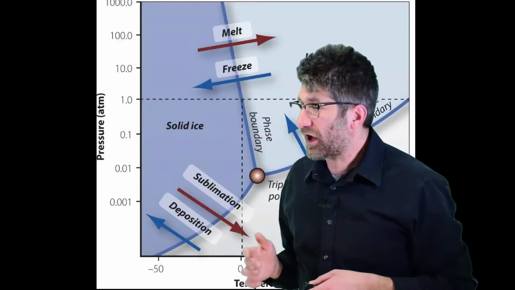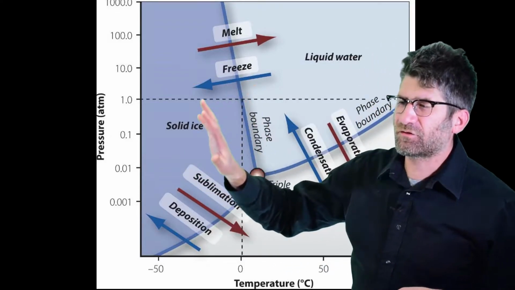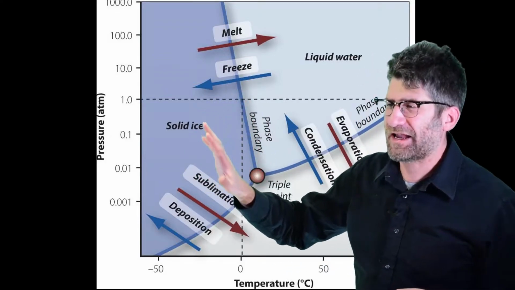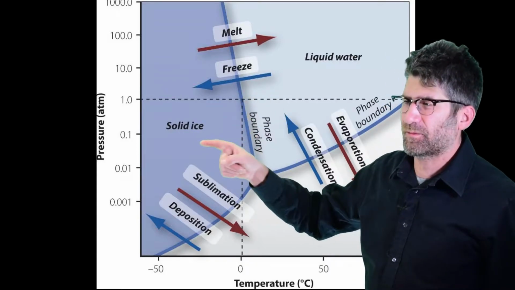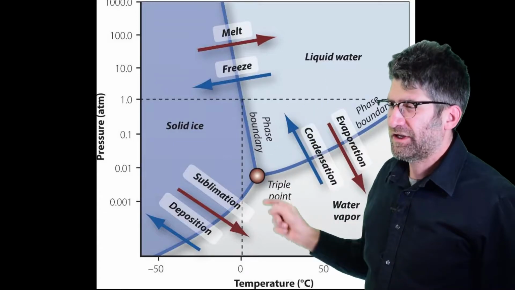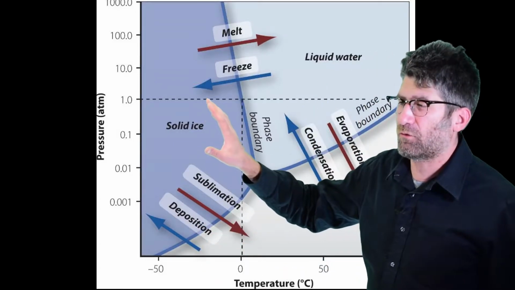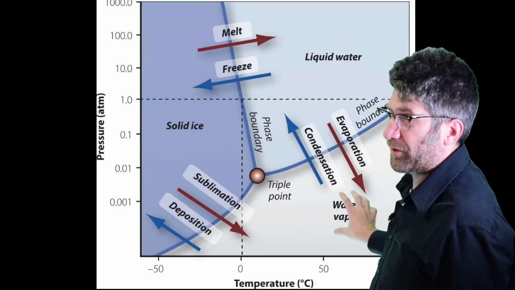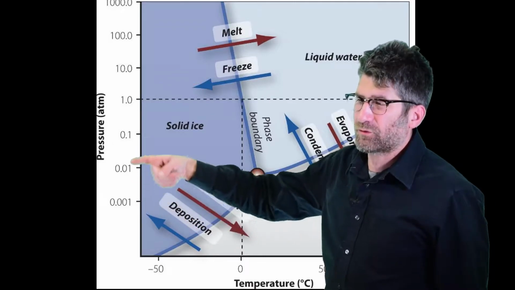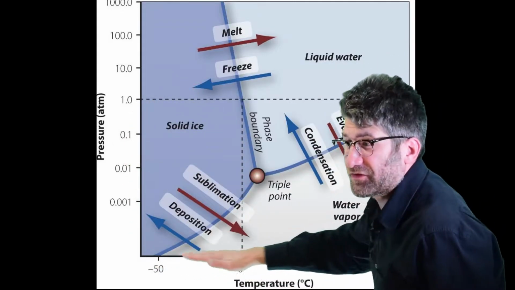Okay, to understand glaciers, we have to really think about how water behaves as a substance, how water, H2O, transitions from a solid to a liquid and a gas. So this is a phase diagram, so we can think about when water is solid, liquid, or vapor. And we're going to think about that with respect to the pressure and the temperature on our x-axis.